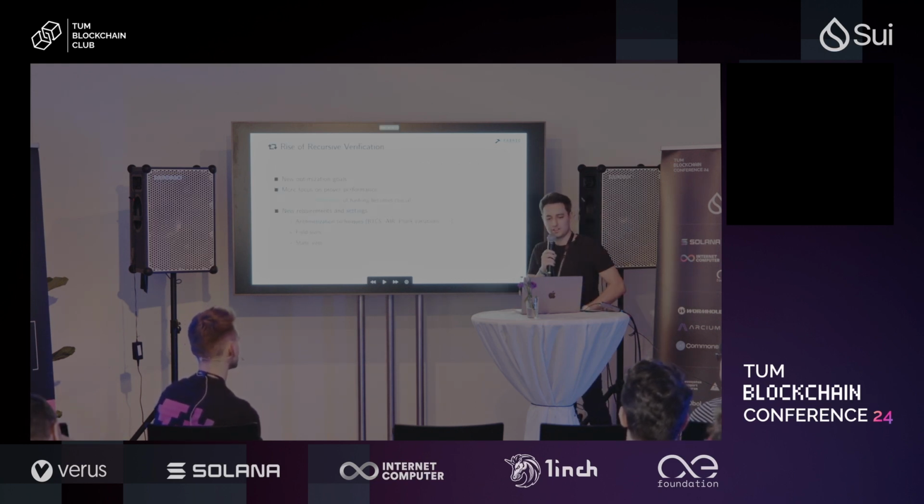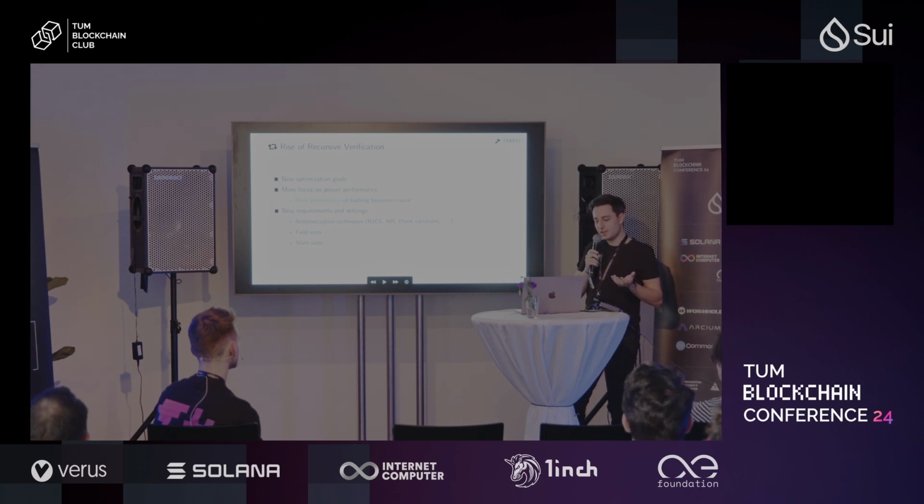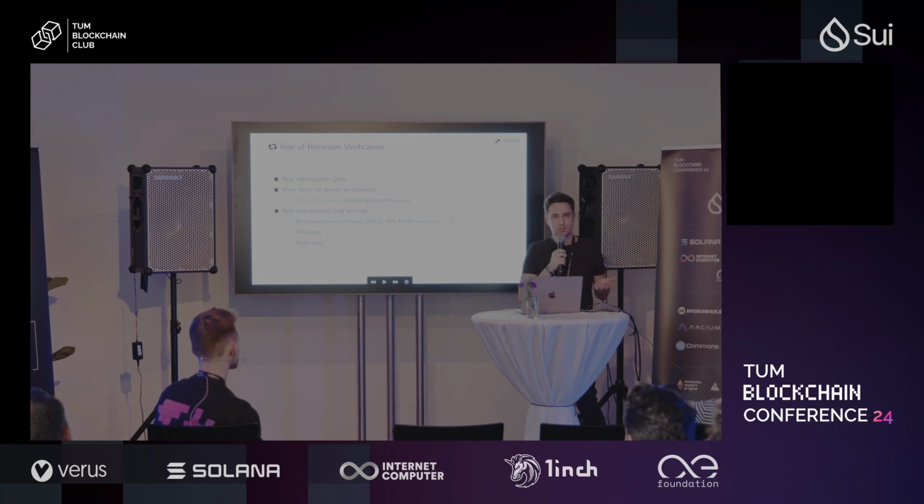So what's happening now? That's more interesting, right? I started in the beginning with this use case where you have an on-chain verifier and an off-chain proof, and you want to do this very efficiently. And for that, you need to use a hash function which is SNARK-friendly. Of course, today we have many more use cases, and one of those is recursive verification, where we also use SNARK-friendly hash functions in different settings, not just for on-chain proving.